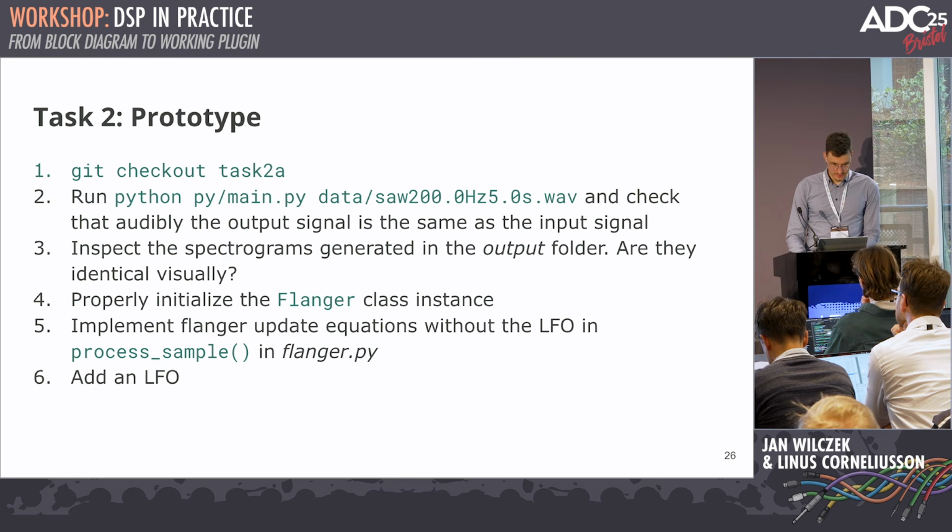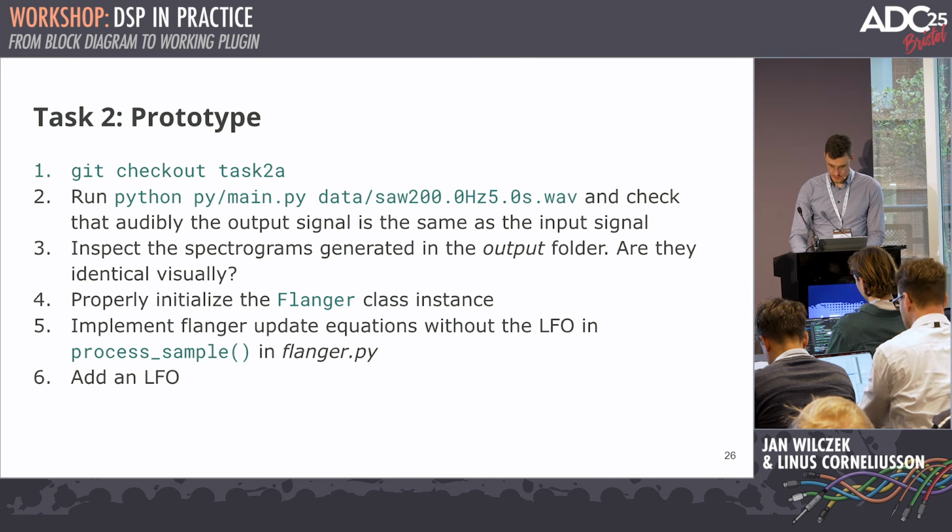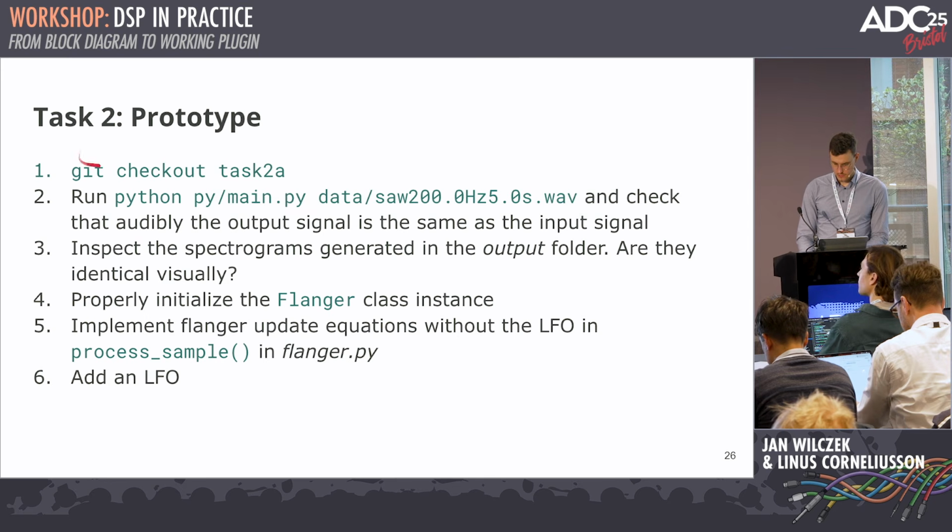Okay, now we arrived at our second task. And this is something that will take us time until the break for sure. Please check out the task branch. This is important. And then run this test, or run the one with the guitar.